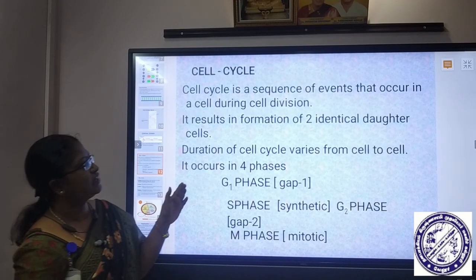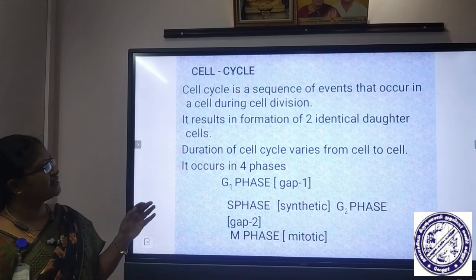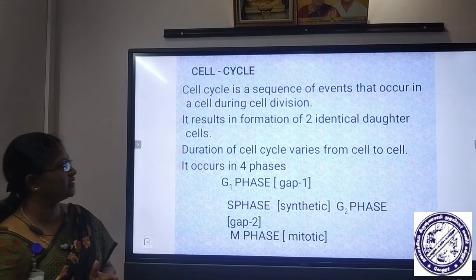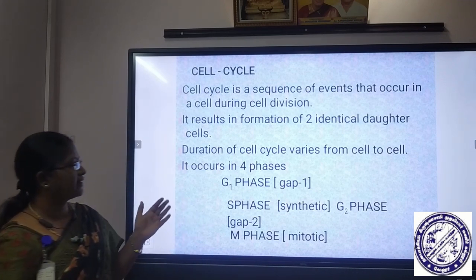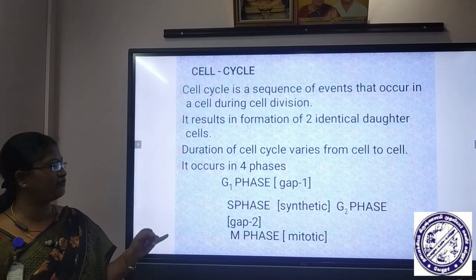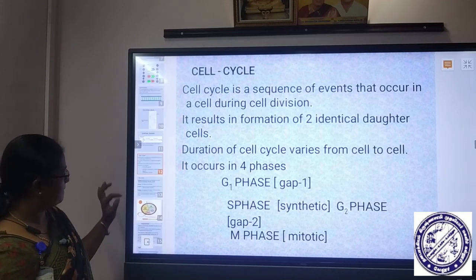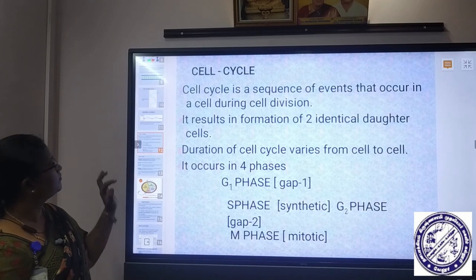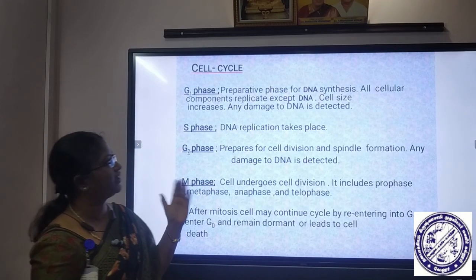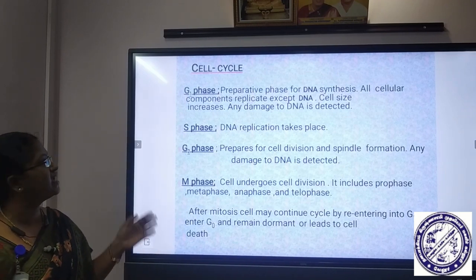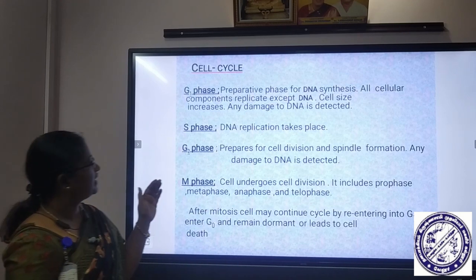The cell cycle is the sequence of events that occur in the cell during cell division. It results in the formation of two identical daughter cells. The duration of the cell cycle varies from cell to cell. It occurs in four phases, that is G1 phase, S phase, G2 phase and M phase. G1 phase is known as the preparative phase for DNA synthesis, and in S phase the DNA replication takes place.